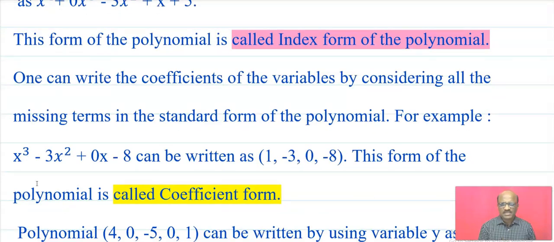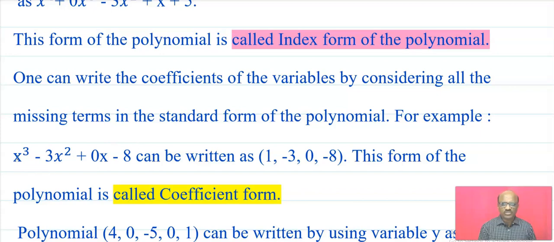For example, x raised to 3 minus 3x square plus 0x minus 8. Then we can write their coefficients. See their index, that is 3, 2, 1, 0.